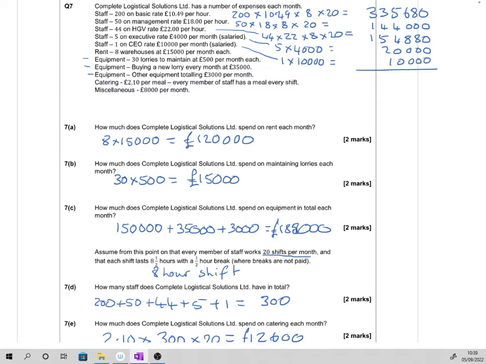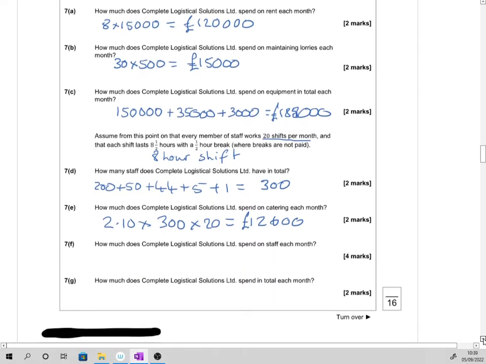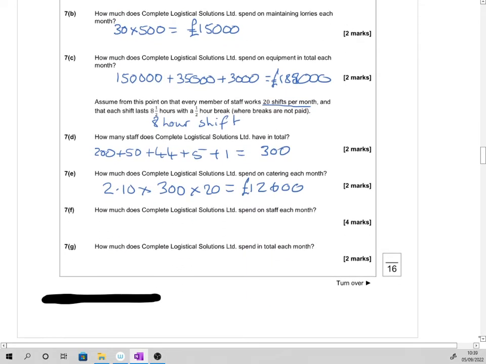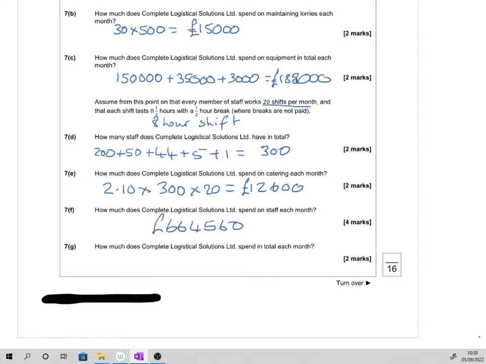That's 664,560. That's how much they spend on the staff, I think. So 664,560 on all the staff.